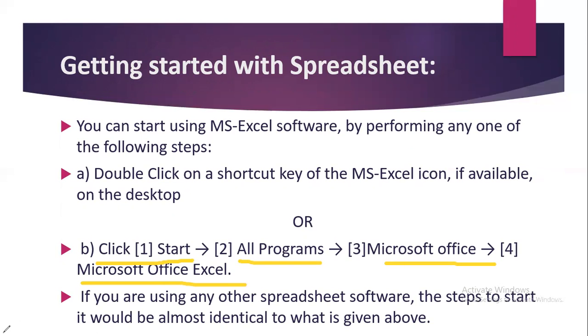Then your Excel screen will be visible on your computer screen. If you are using Windows 10, simply click on the start button, write Excel in the search box and open it. If you are using any other spreadsheet software, the steps to start would be almost identical to what is given above. I hope this is clear.